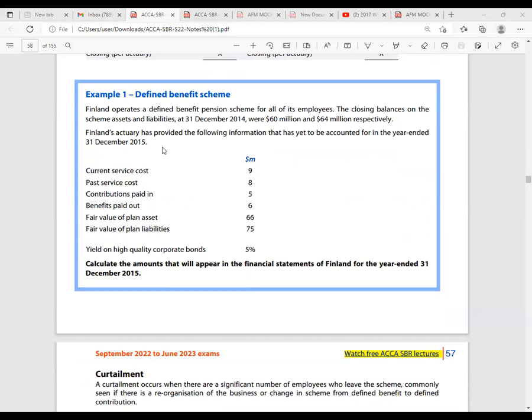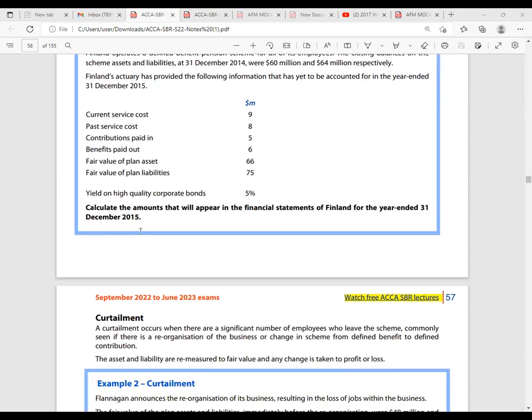I can see we have current service cost, past service cost, contributions paid in, benefits paid out, fair value of plan assets, fair value of plan liabilities, and the yield on high quality corporate bonds. This is what I'll use to calculate the interest. They want us to calculate the amounts that will appear in the financial statements of Finland for the year ended 31st December 2015.